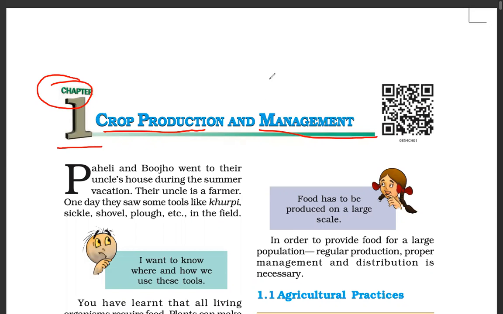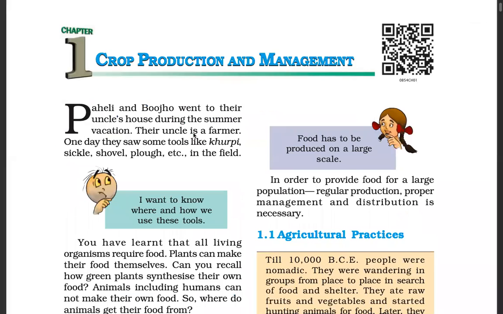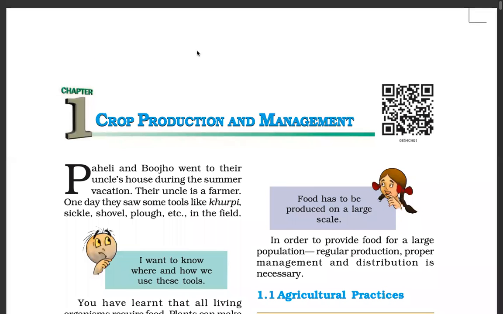So guys, this chapter will basically be divided into 4 parts for explanation, and 1 part for back exercise.